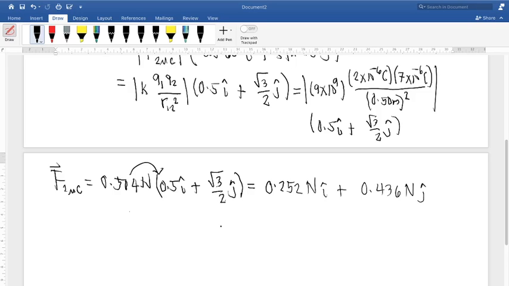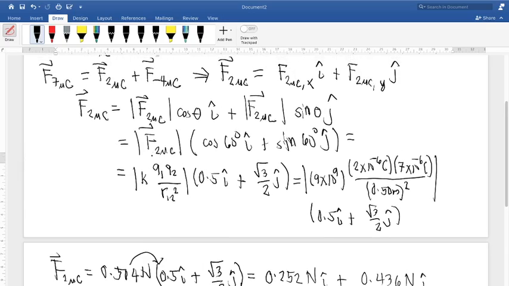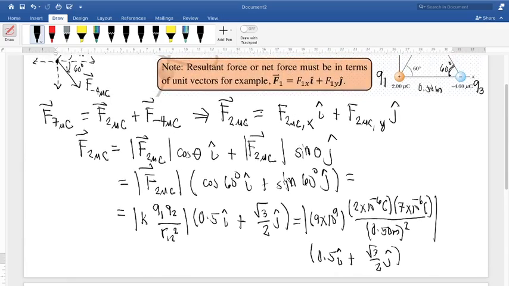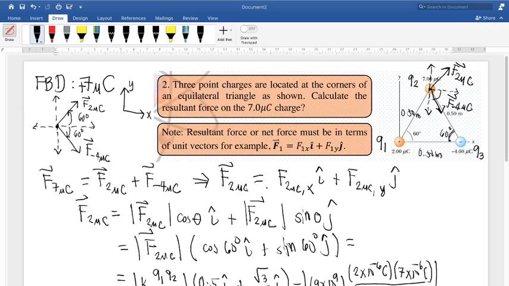Okay, so now that is the force vector exerted by the 2 microcoulomb charge on the positive 7 microcoulomb charge.